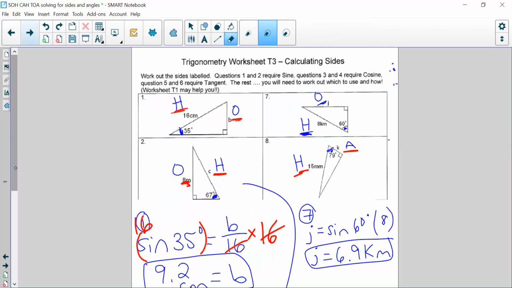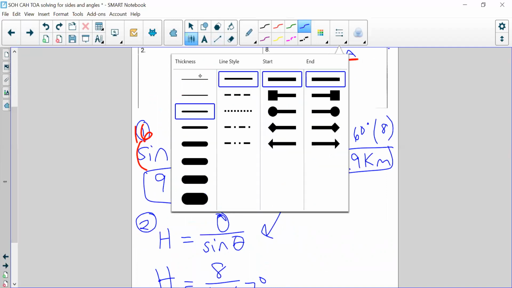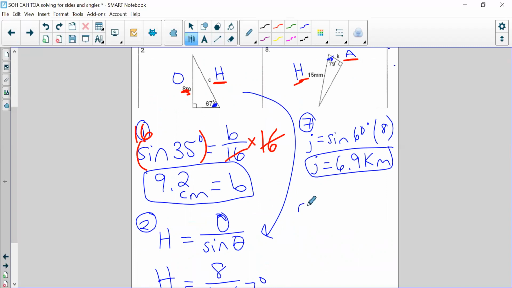So my adjacent side length, which in this case is variable K, number 8, variable K, sorry, I have a bit of a screen issue here, is going to be sine theta, so sine of 79 times 15.